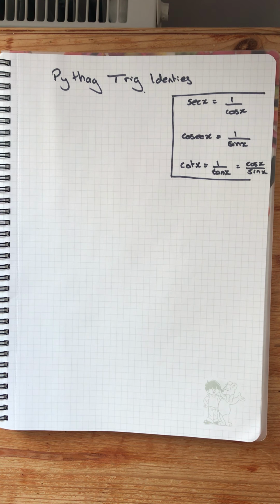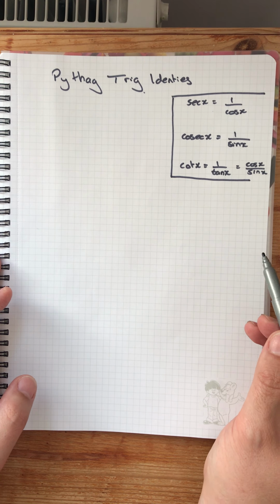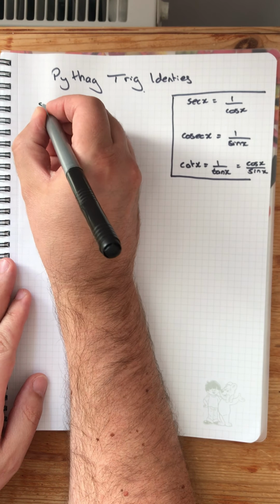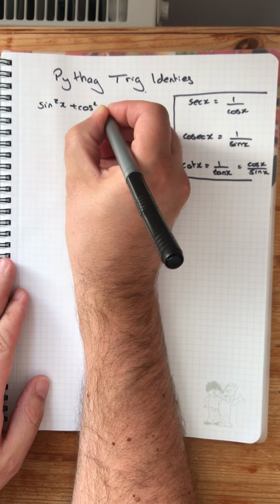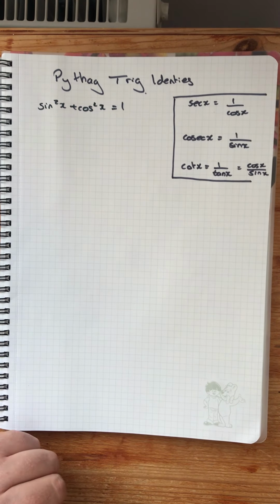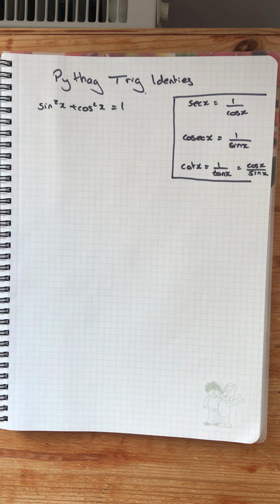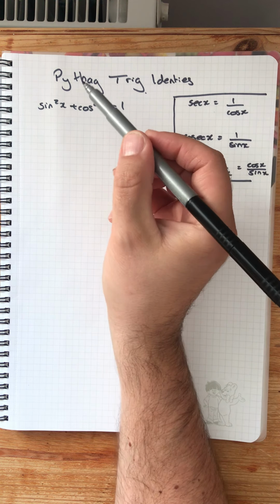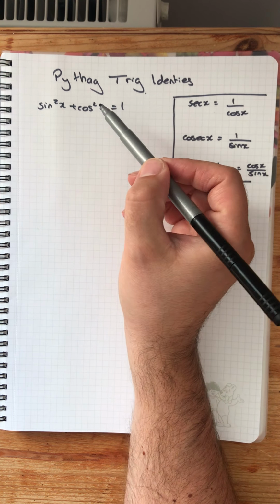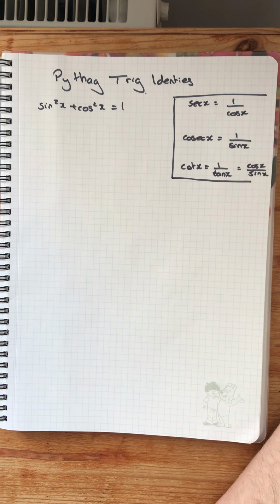But in class we also then looked at the Pythagorean identities, and earlier on in year 12 we learnt that sine squared x plus cos squared x is equal to 1. A rule that you should know and hopefully be using a fair bit now. And what I did in class is, if I chose to, I could divide all of these terms by the same thing. It will keep the equation balanced.